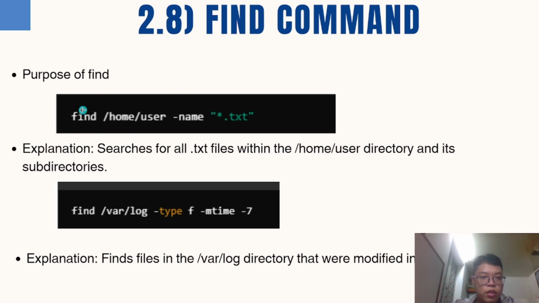So we can use the command find /home/username -name "*.txt" -print, which searches all the txt files within the home user directory and its subdirectories. Another example finds files in the var log directory that were modified in the last 7 days. Let's have a demo.